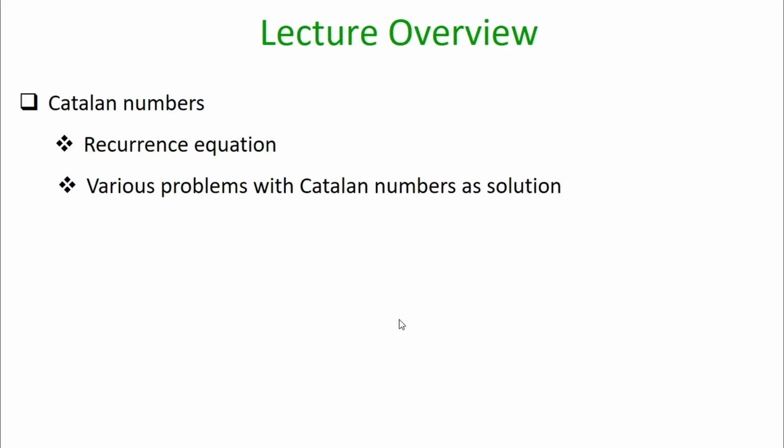In today's lecture we will discuss a very interesting class of problems whose solution is a common recurrence equation, and the resultant solution for that recurrence equation gives rise to a very interesting sequence of numbers which we call Catalan numbers.